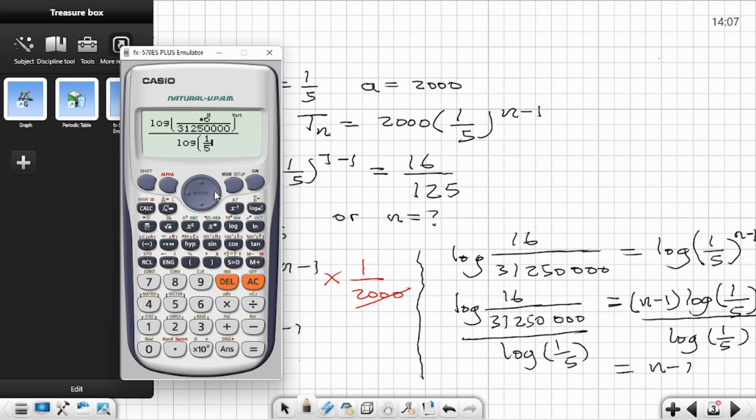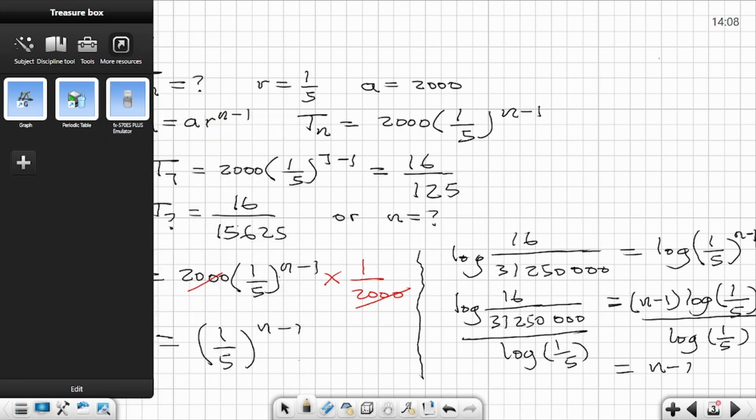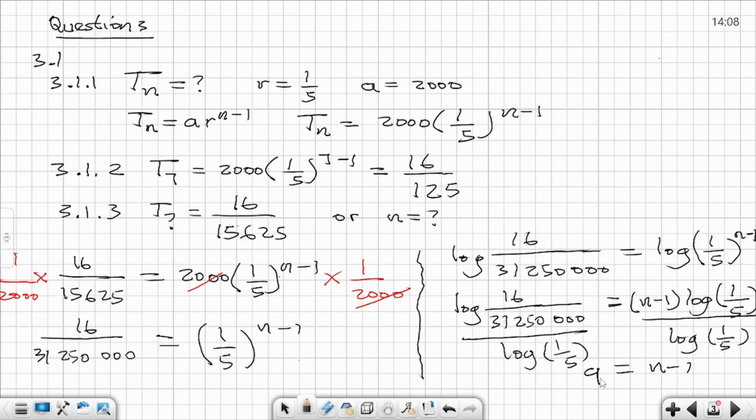I hope you can follow as I'm writing it in my calculator. Okay, so this gives us what? 9 on the left side. So this is equal to 9. So n is equal to 9 plus 1 when the 1 moves from the right to the left side, which will be 10. So it's 9 plus 1, which is 10.